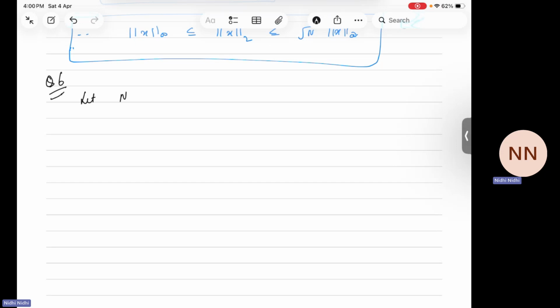Let n be greater than or equal to 2 be an integer.